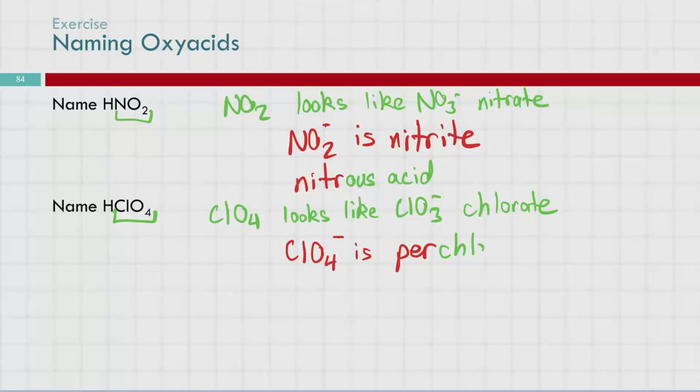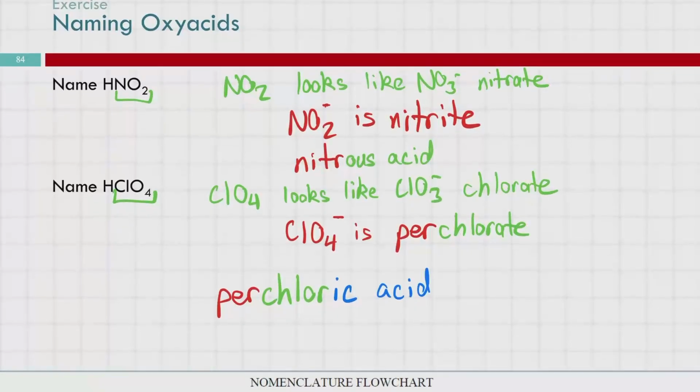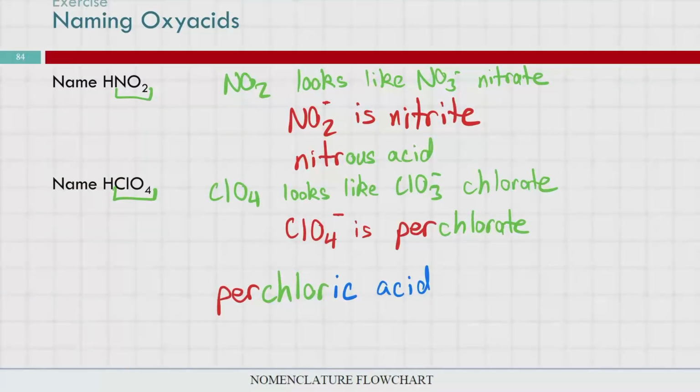So this is perchlorate. That's the anion that we have. So we have to add the per prefix to indicate we added one oxygen. So this is going to be per, keep the base chlor, and what do we change the ending to? Ic. So it's perchloric acid. Questions?